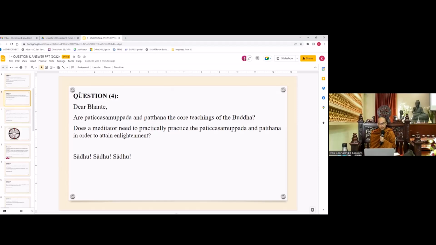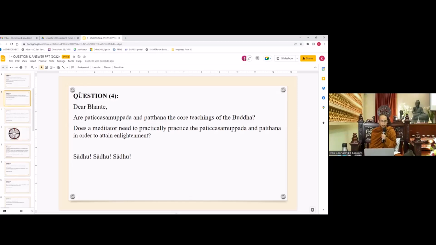And in the practical world, the important thing in Paticca Samuppada and Patthana practice is to see the relationship between cause and effect. Although not saying that I'm practicing Paticca Samuppada or I'm practicing Patthana, the meditators see the cause and effect relationship.